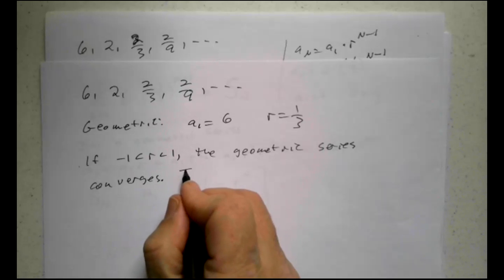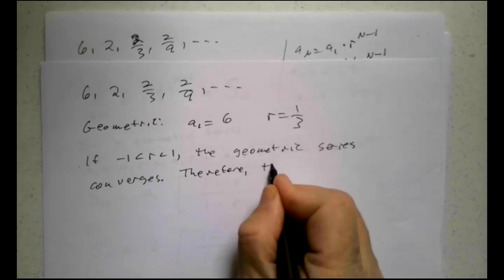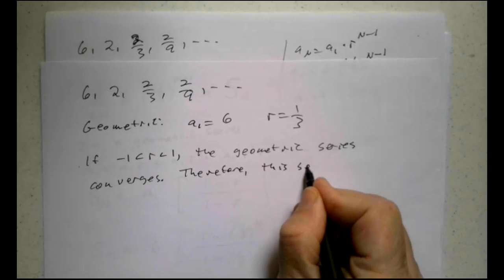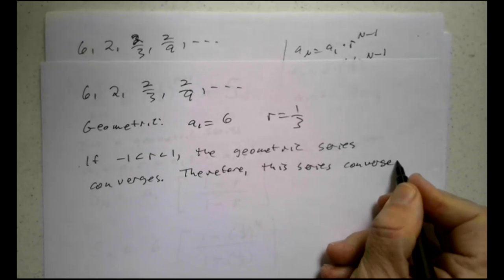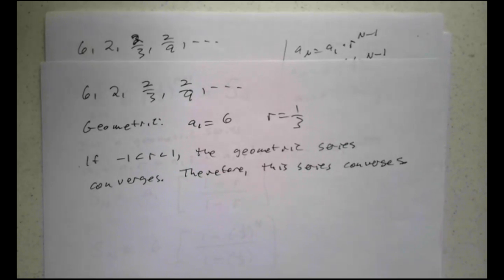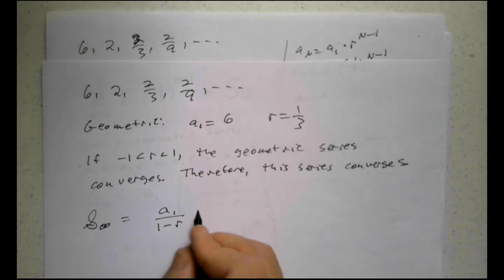Therefore, this series converges. What does it converge to? The fact that we had 8.999 may give you a hint. So the infinite sum is the first term divided by 1 minus the common ratio.